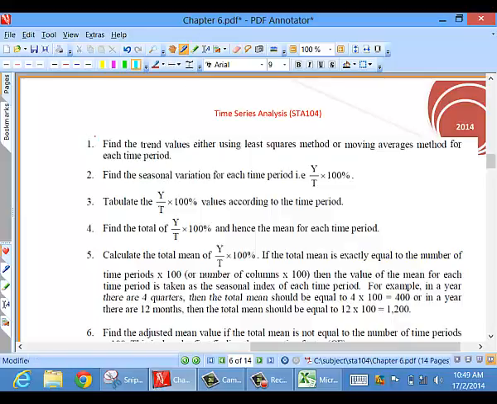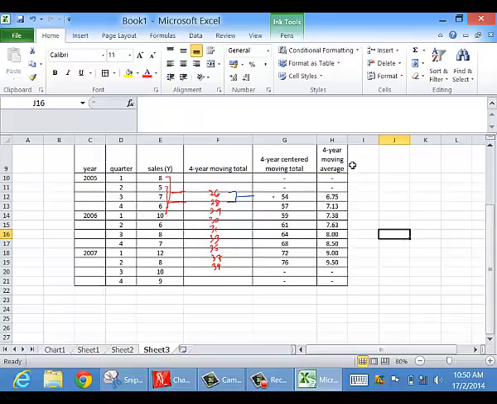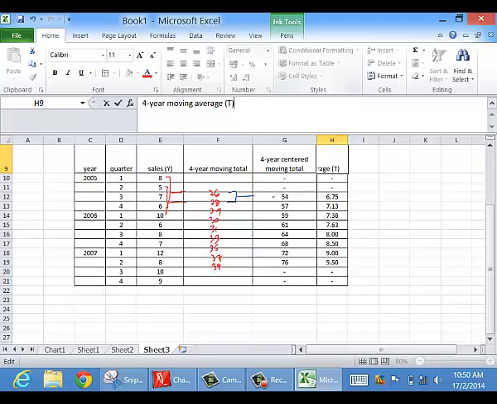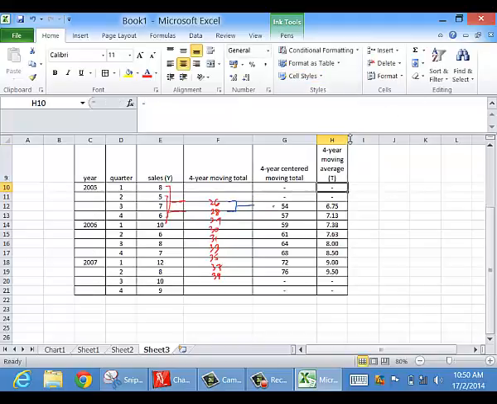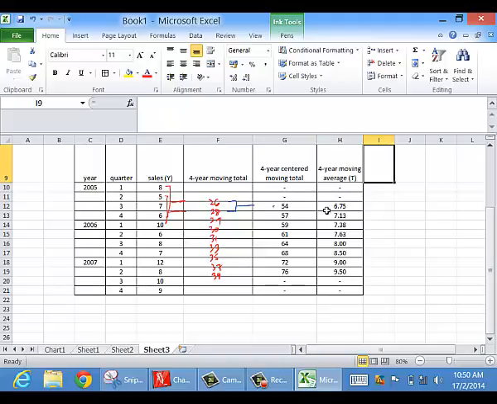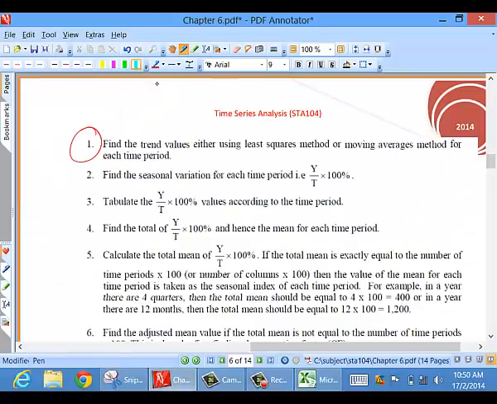The first step, find the trend value either using the least square method or the moving average method. Now we have already calculated the trend value using the moving average method, so the first step is done.